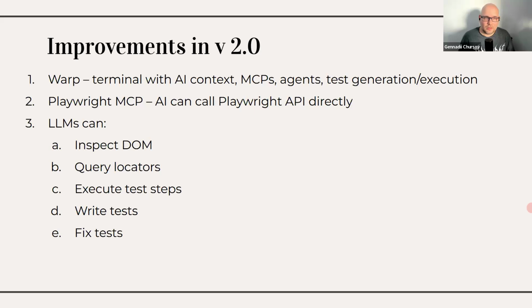Now, you can use some terminal, or you can use Visual Studio Code with an agent, or, I don't know, any other solution. For example, today I will share examples using Warp. It's a terminal with context. It can work with MCPs, it can work with an AI agent, and it allows you test generation and test execution just from the command line.